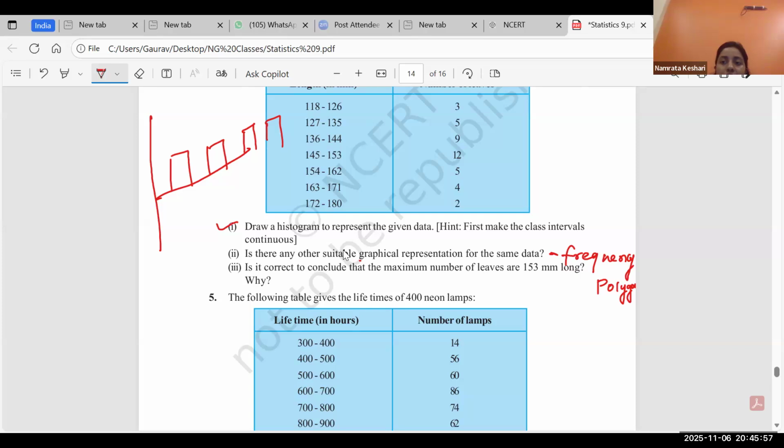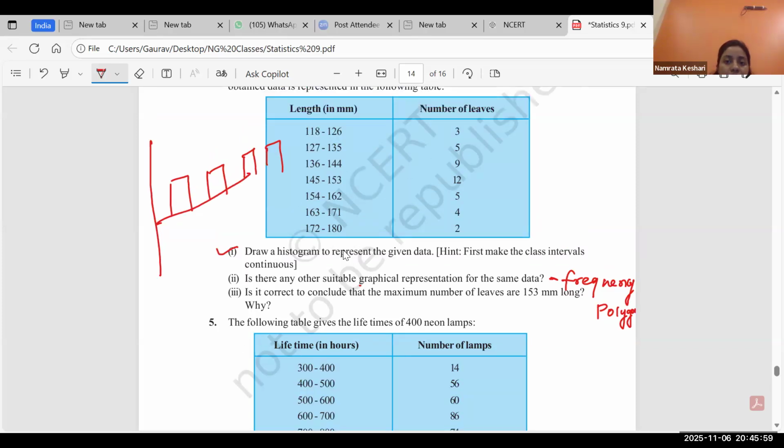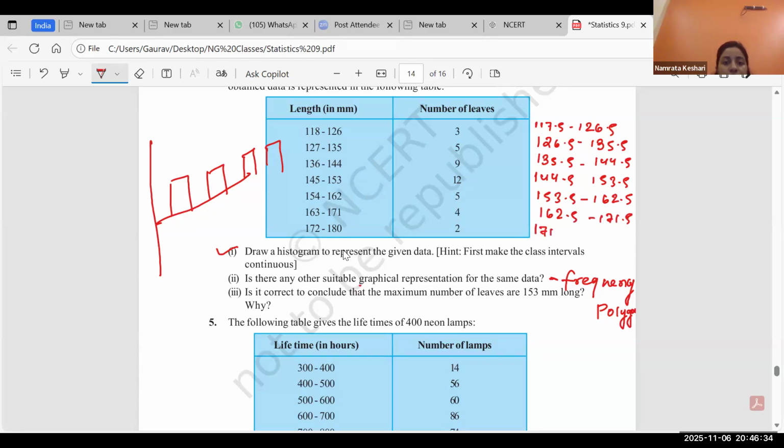So I think we have arranged the data and it looks like this. 117.5 to 126.5. 126.5 to 135.5. 135.5 to 144.5. 144.5 to 153.5. 153.5 to 162.5. 162.5 to 171.5. 171.5 to 180.5, right?